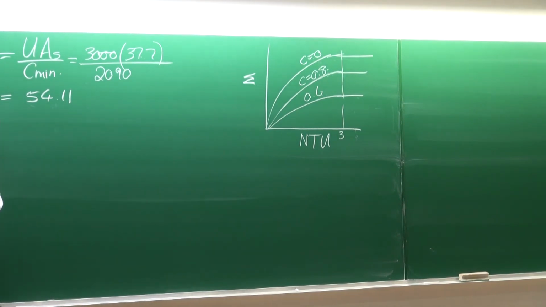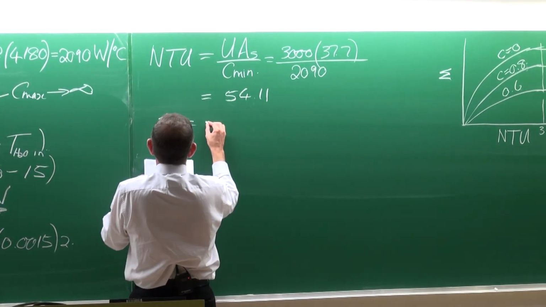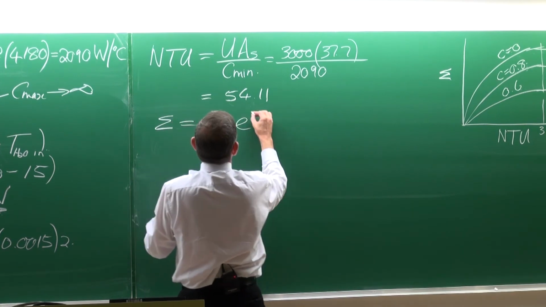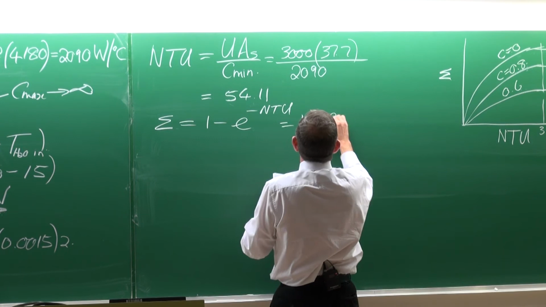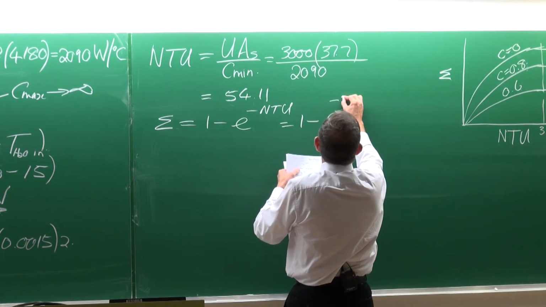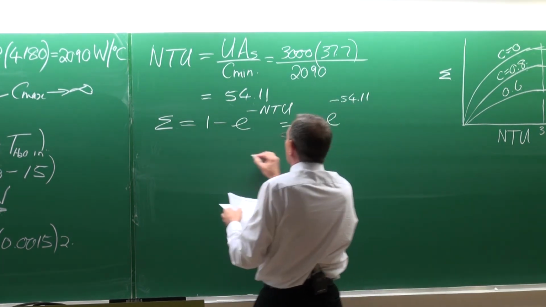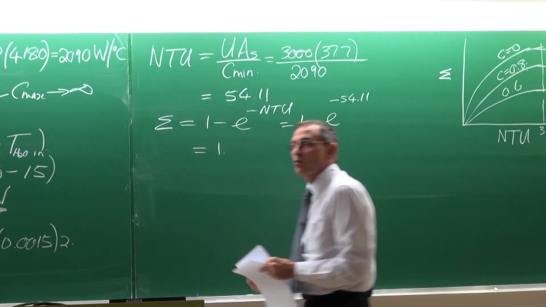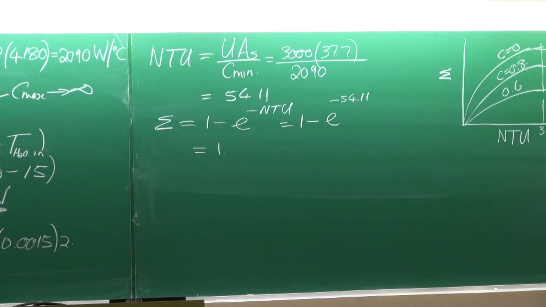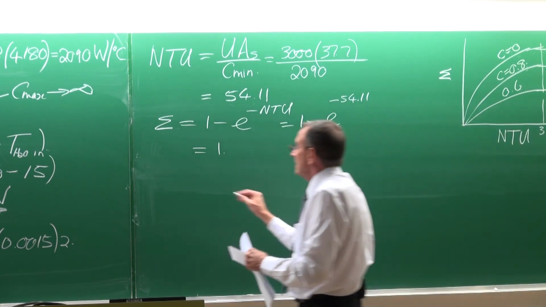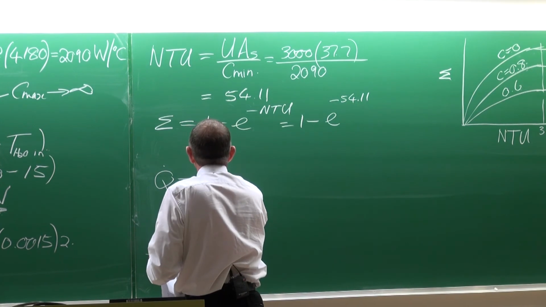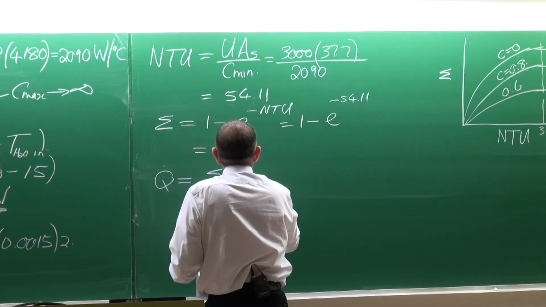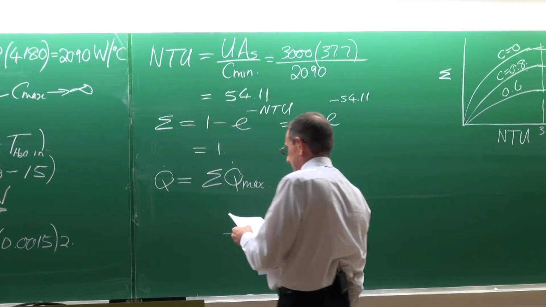54.1. So if we now calculate the effectiveness, which is equal to 1 minus e to the minus NTUs, is equal to 1 minus e to the minus 54.11, and the result is equal to 1. Effectiveness is 1. Thus, if that is so, then the total heat transfer rate would be equal to the effectiveness multiplied by Qmax.